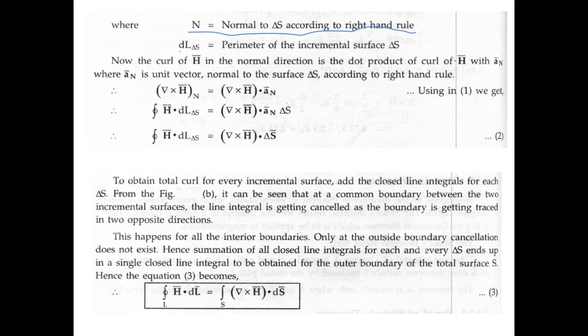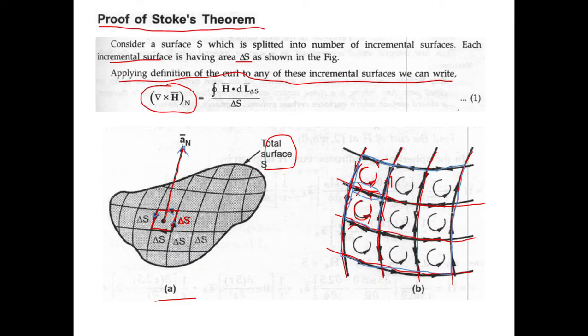Now dl delta S is equal to the perimeter of the incremental surface delta S. Here we have taken many surfaces, so this total length will be dl delta S.